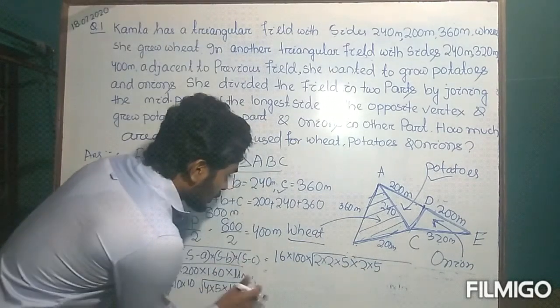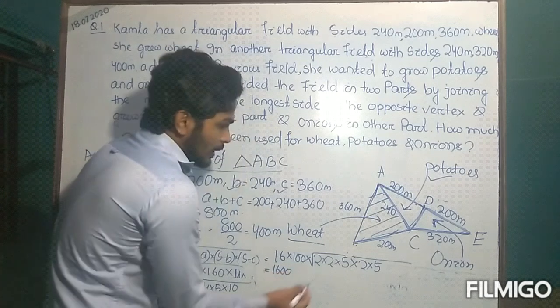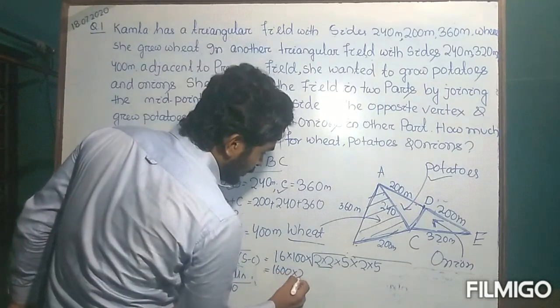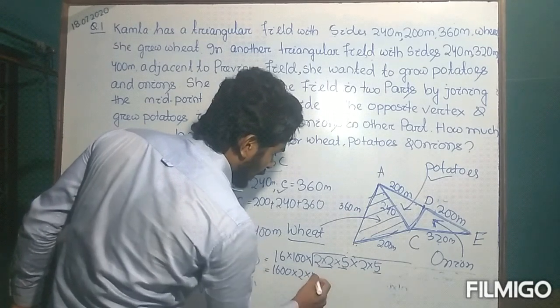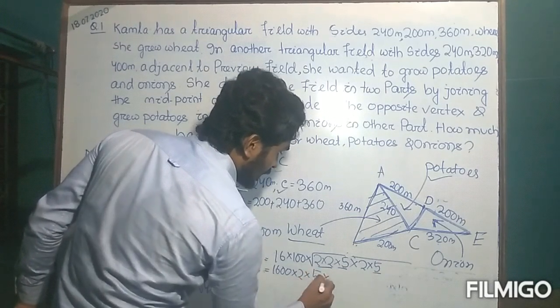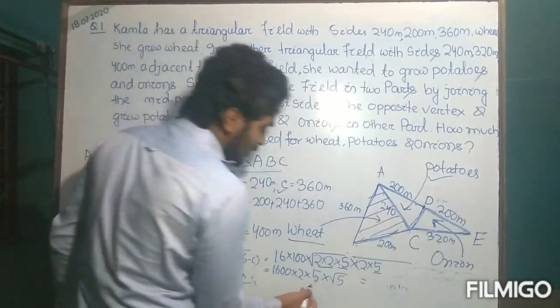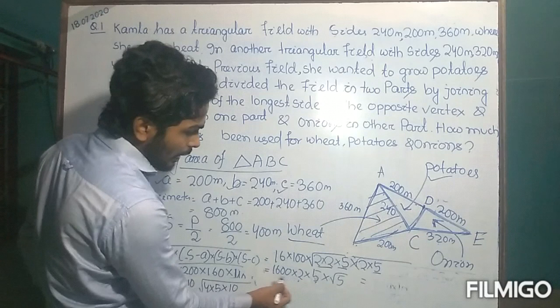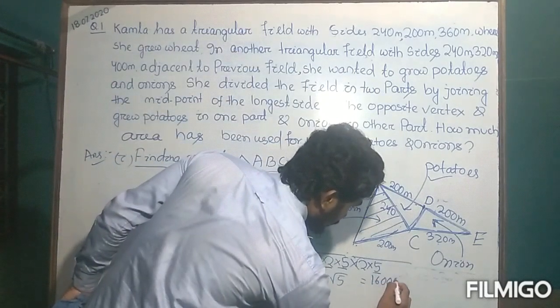Okay, so your final result is 1600. For this 2 2 you can take 1 2. For this 5 5 you can take 1 5, but this 2 remains inside the square root. So the final result is 5 2 is 10, 10 into 16, 1600 is 16000.